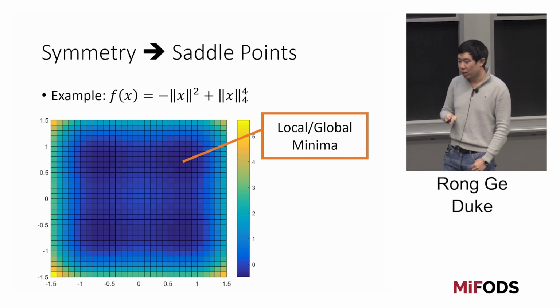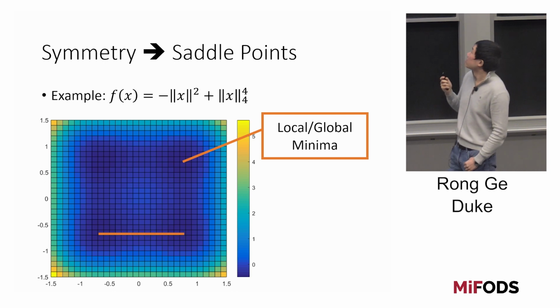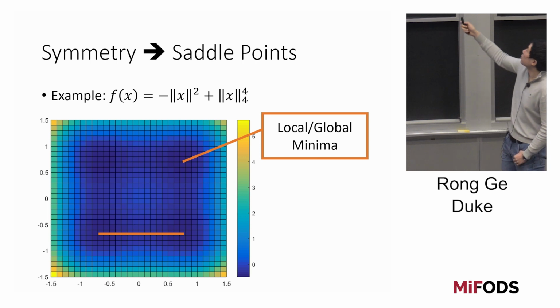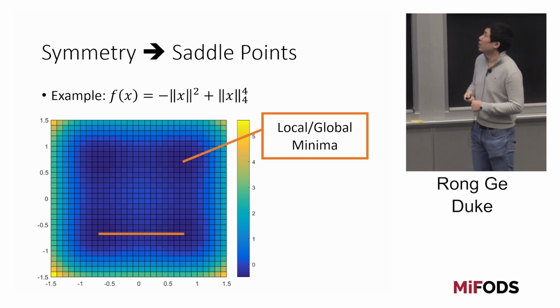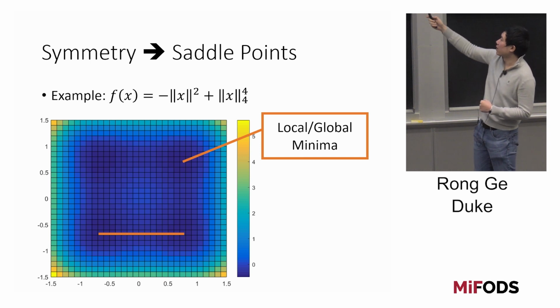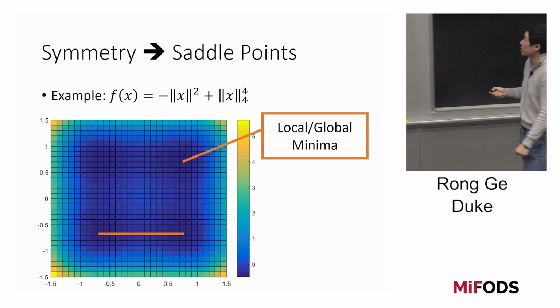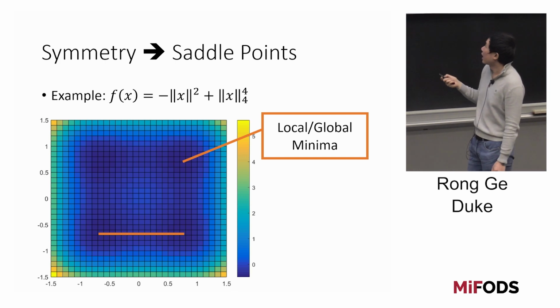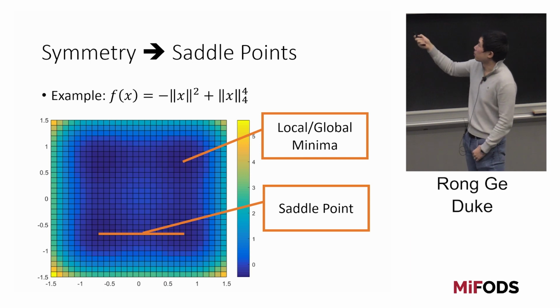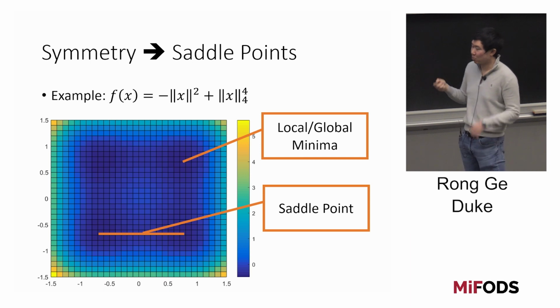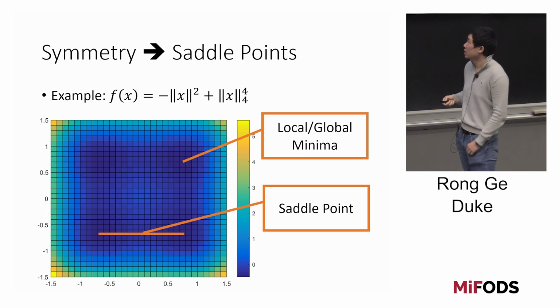So the way you can get saddle points out of symmetry is just by connecting 2 local minima using a path. In this case, I have connected these 2 local minima using this path. And as you can see, along this path, you can actually find a saddle point, which is along the, say, 0, minus 1 direction.